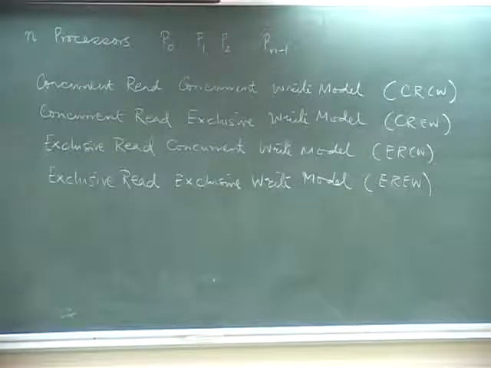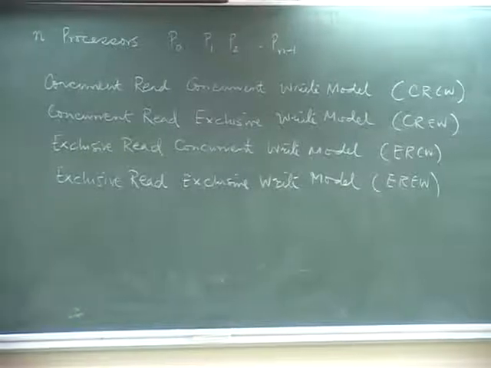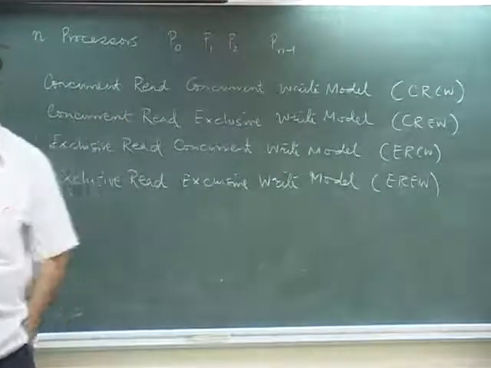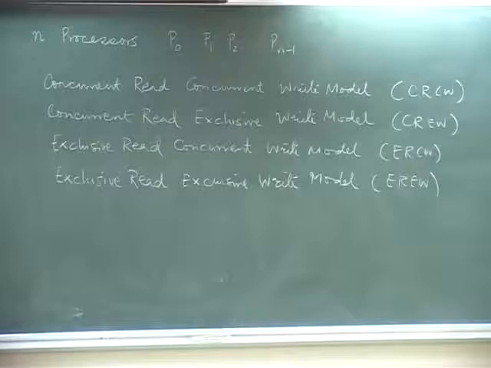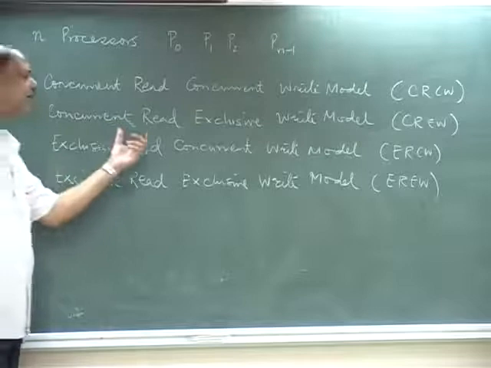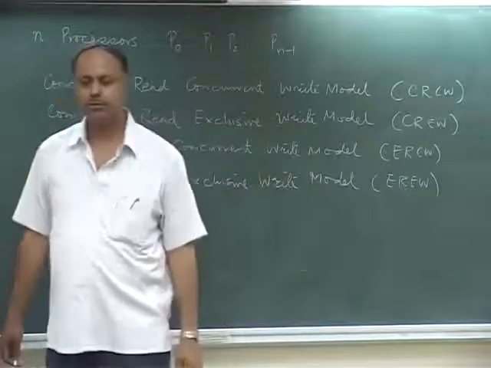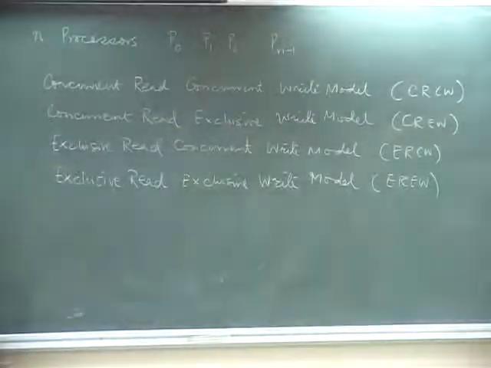However, we can think about this or simulate an environment where concurrent read can be allowed. We'll discuss this part. So the next model is the concurrent read, exclusive write model. That means two or more processors are allowed to read the same memory location simultaneously.